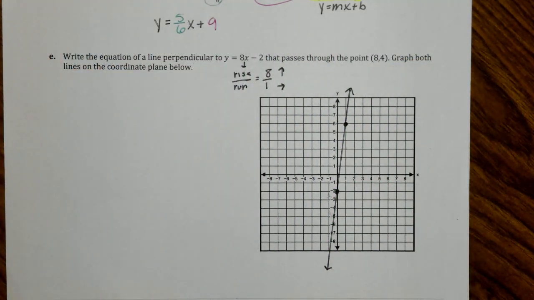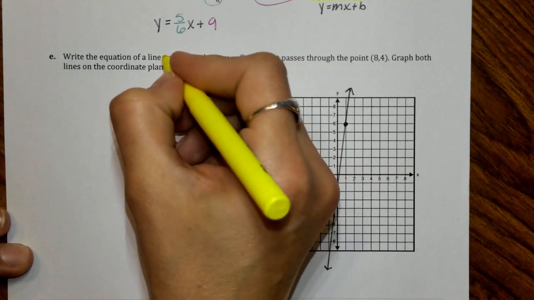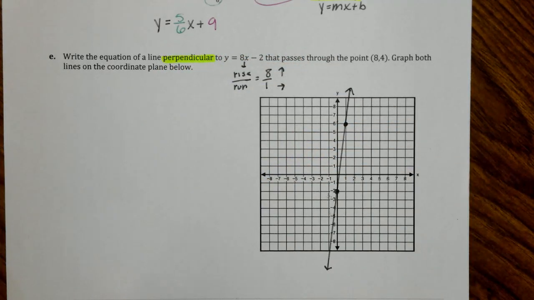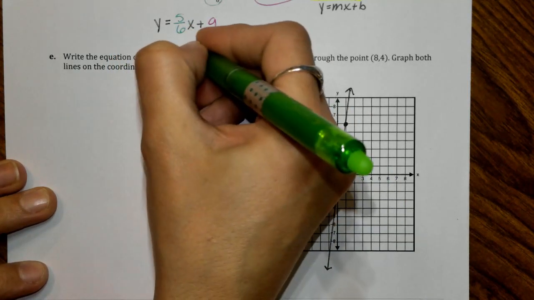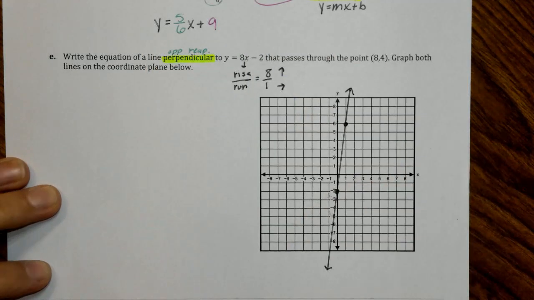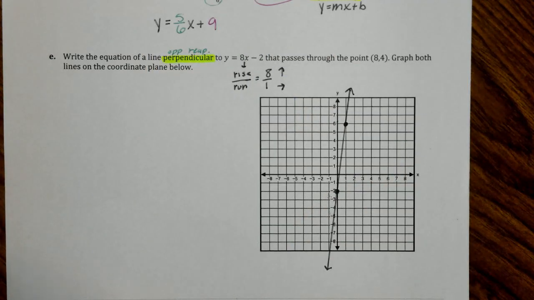And now we'll take a look at the perpendicular. With the perpendicular, make sure that we have highlighted perpendicular. Remember that your perpendicular is what I call the OPP recip, opposite reciprocal. My classes know that we have a little game show. This means change the sign and flip that fraction.